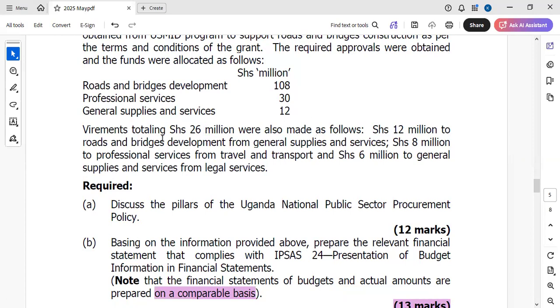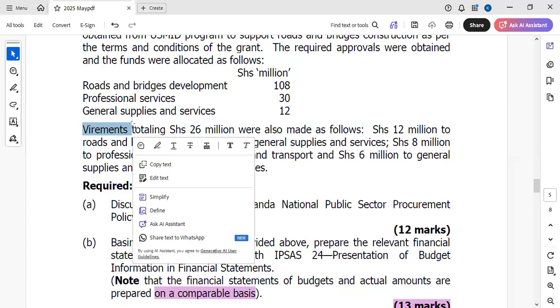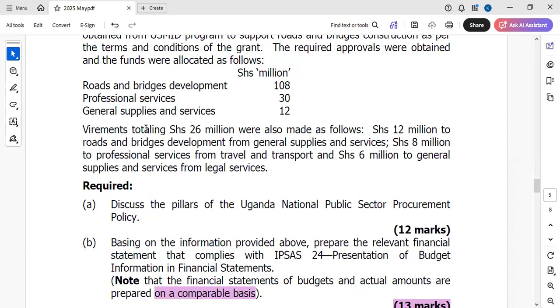Do you know virement, reallocation? Virement is like you're transferring money from one expenditure item to another budget item. That is virement. If you had allocated a certain amount of money in one budget item, you transfer that money from that budget item to another budget item.